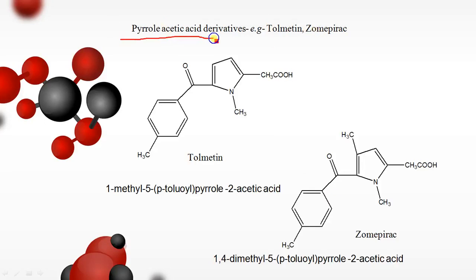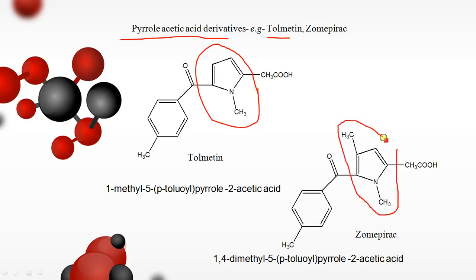Then pyrrole acetic acids are also aryl acetic acid derivatives. It means the aryl group is pyrrole. The examples are tolmetin and zomepirac. Tolmetin is 1-methyl-5-toluyl pyrrole-2-acetic acid. It is 1, 2, 3, 4, and 5.